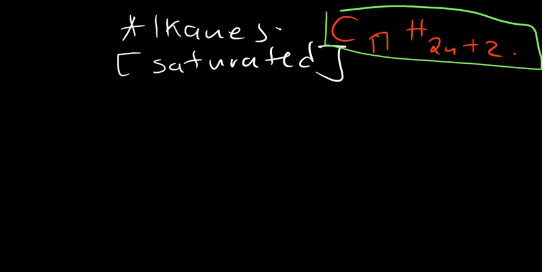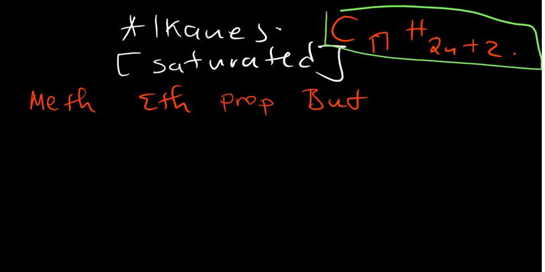So know them in this order: meth, eth, prop, but, pent, then hex, hept, oct, non, dec. These are the ones.